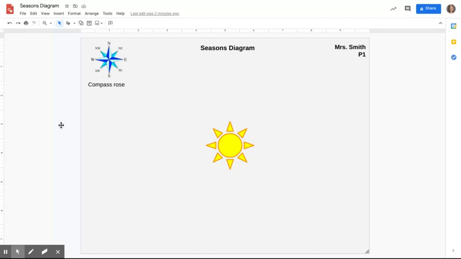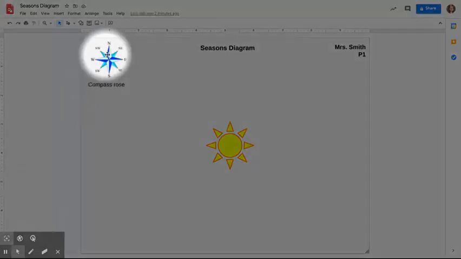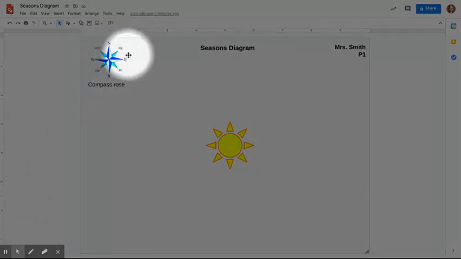And in the top left, we're going to draw a compass rose. A compass rose is a tool that we use to show the cardinal directions, or which way is north, east, south, and west. So if you look up here, we've got north, east, south, and west. So this is what we're going to put in the top left-hand corner.